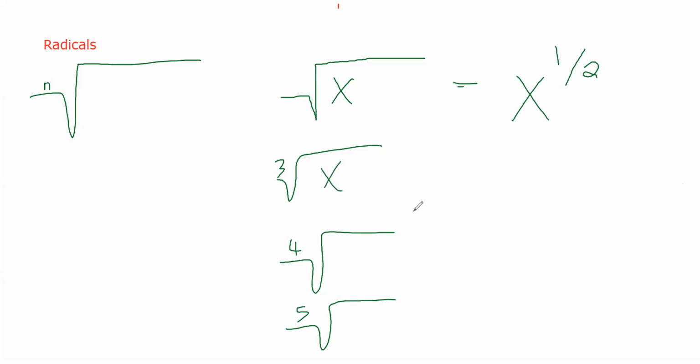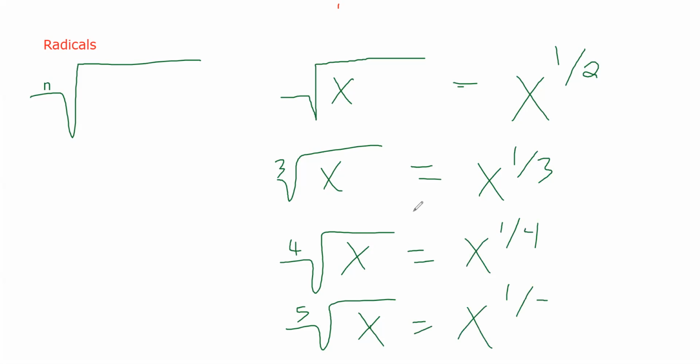And the pattern goes from there. If you're taking a cube root, you're talking about a 1/3 power. The fourth root, a 1/4 power. And so on and so forth. And this is simply by definition. This is just a definition of what those different kinds of radicals mean.